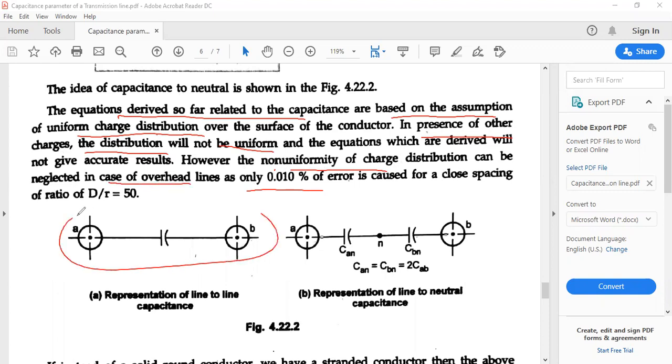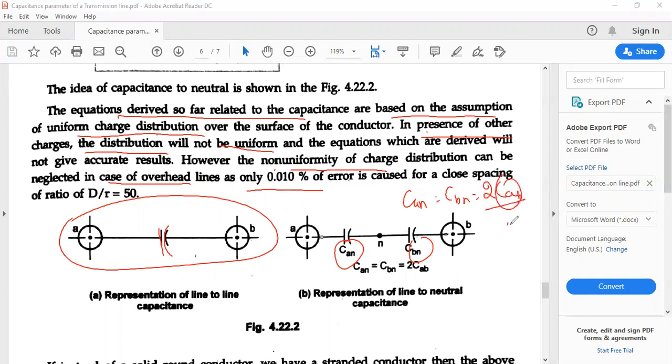So this is the displacement of the conductors, where you will have the capacitance, and I have two capacitances formed due to the neutral point on the conductor. Due to this neutral point, we have CAN and CBN. So let me write down here CAN equals CBN equals 2 times CAB.